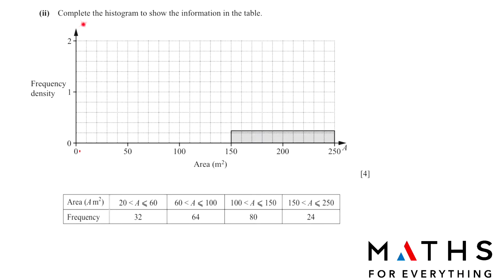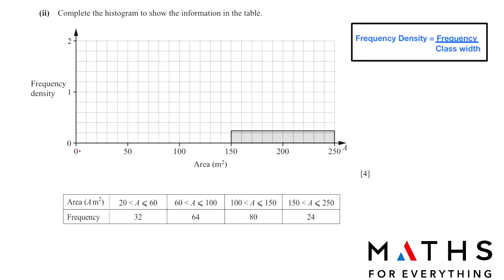In this question, we have to complete the histogram to show the information in the table. This is our table here. We have the frequency density and the area in square meters. To find frequency density, we need to know that it is equal to frequency divided by class width. Frequency we already have.